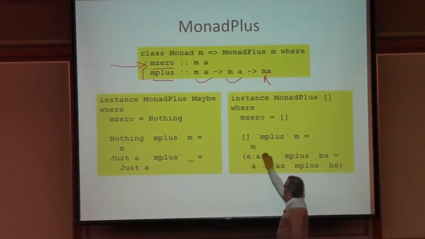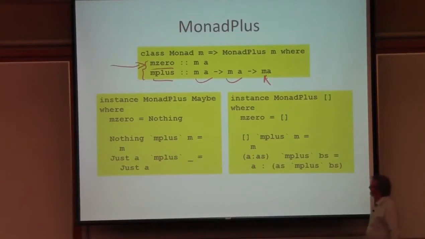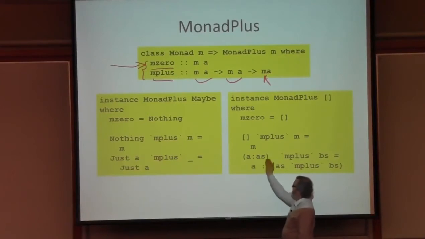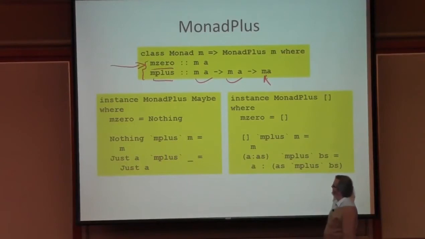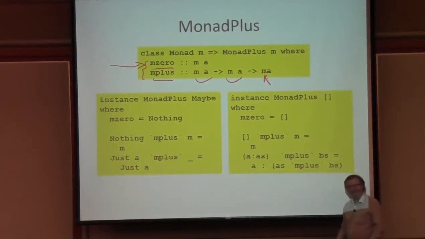And if the first argument succeeds, then it will also provide some backtracking possibilities, which we don't want to throw away either. So the right way to define M plus for lists is to say, if the second argument is A cons A's, then we'll succeed, we'll make a cons with A as the first result, but combine the remaining elements using M plus so that we can still backtrack to all of the alternatives that we had before.